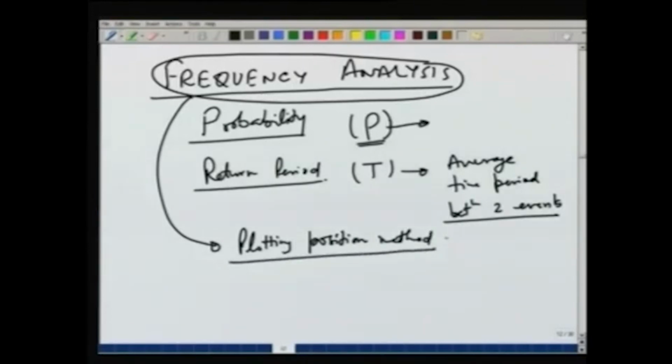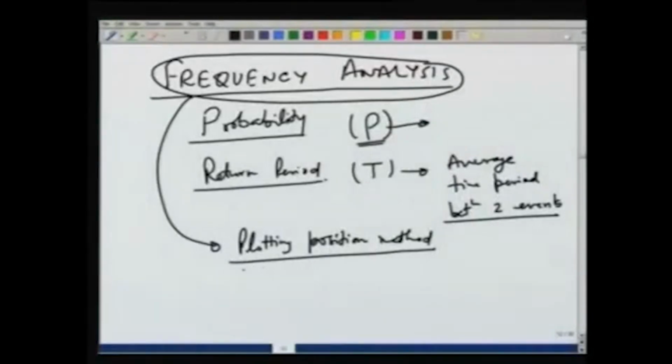In which we obtain the values, let us say annual rainfall, and arrange it in an order. So, let us say we have 50 years of annual maximum rain in 1 day.